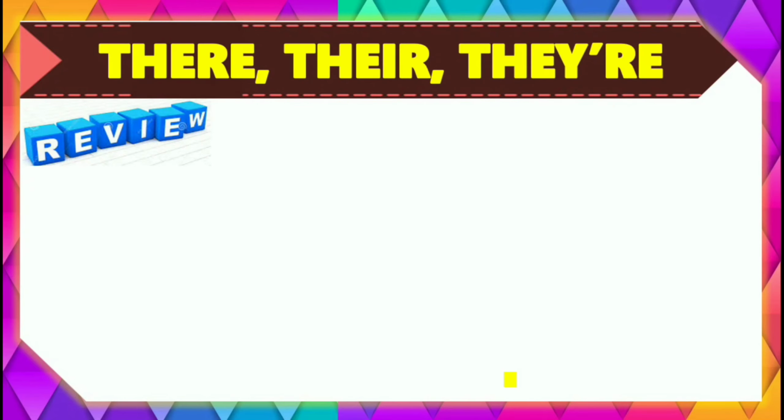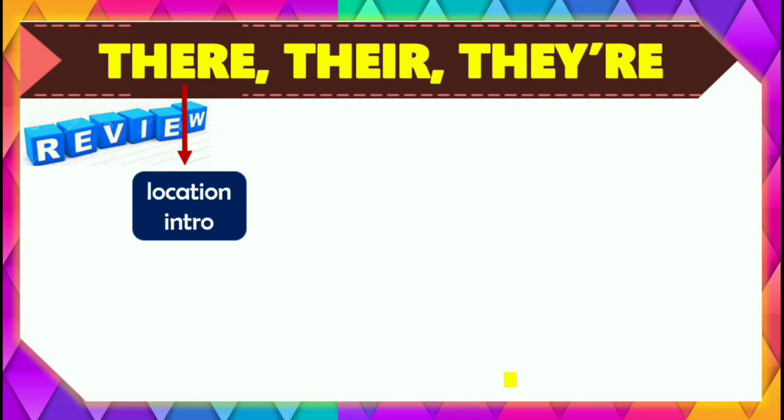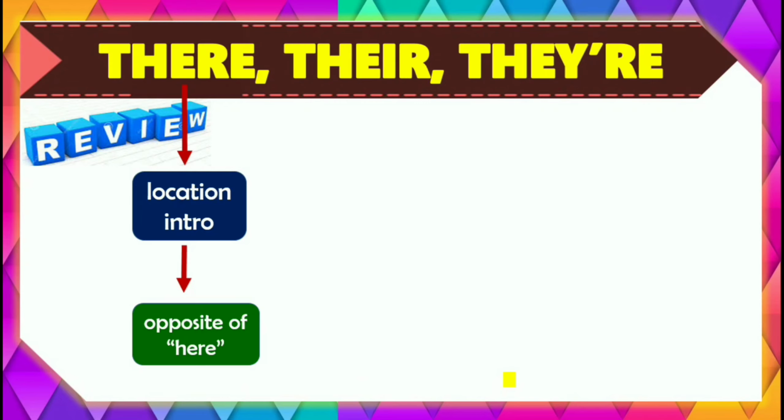Let's have first a review. T-H-E-R-E talks about location, or it introduces the subject. It could even replace a noun, or it could even be an interjection. And what is our tip to remember this? There, T-H-E-R-E, is the opposite of here. It's there, not here.